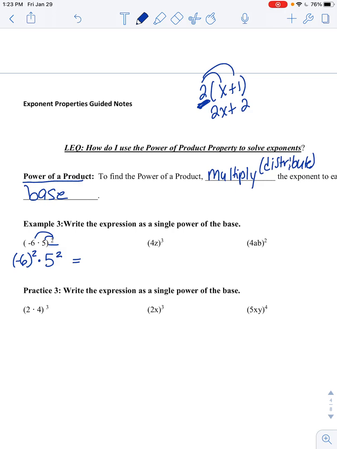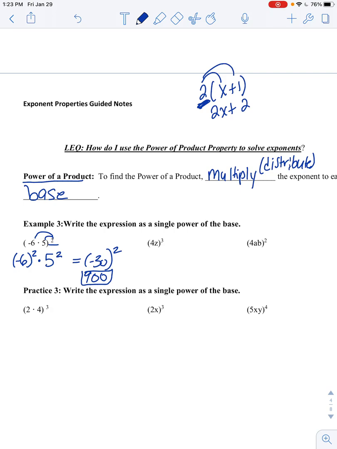So -6 times 5 gives you -30. And keep your exponent as 2. And then we could figure that out to be 900.